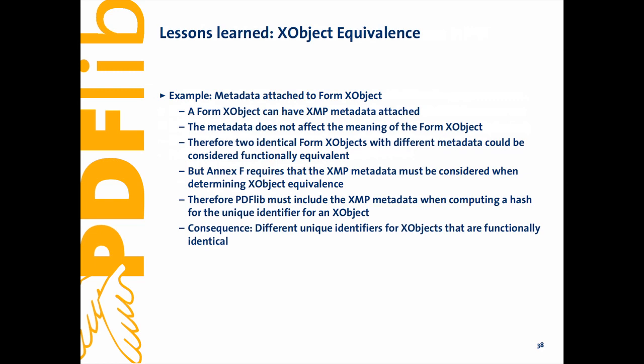So you're evaluating some data that has nothing to do with the functionality of the object. So if we calculate the hashes for the unique identifiers of X objects, we also must go over the XMP metadata, which will result in different unique IDs, although for the RIP, both X objects can be considered identical or equivalent, functionally identical.